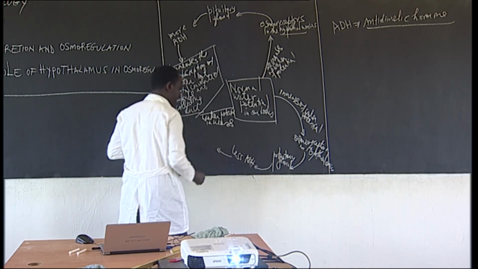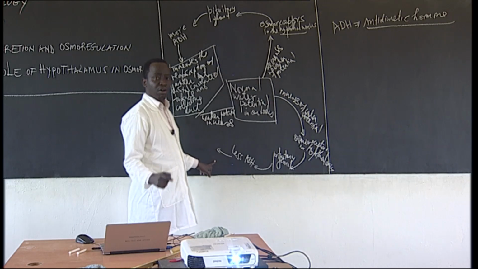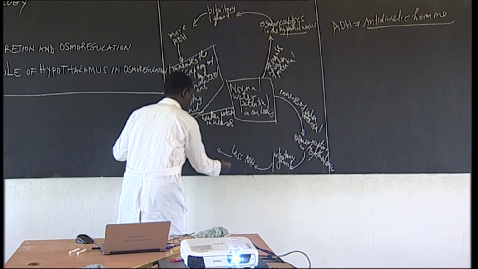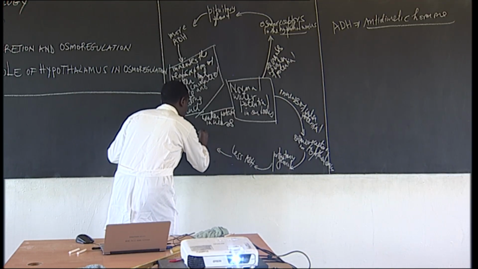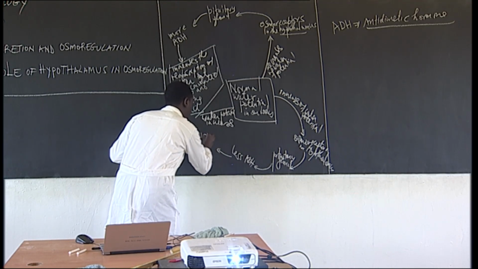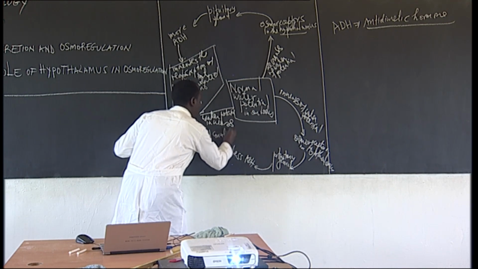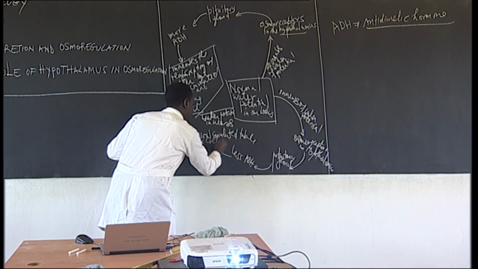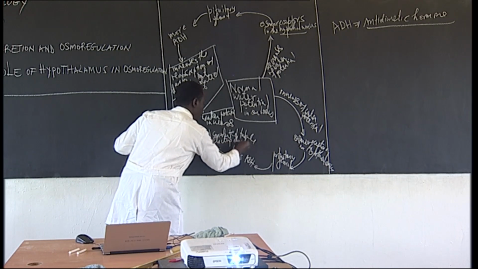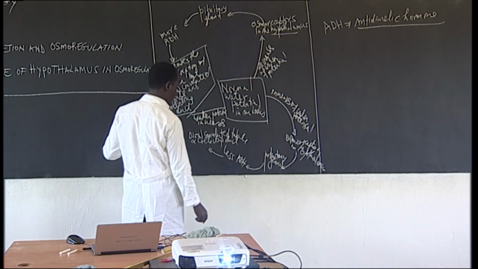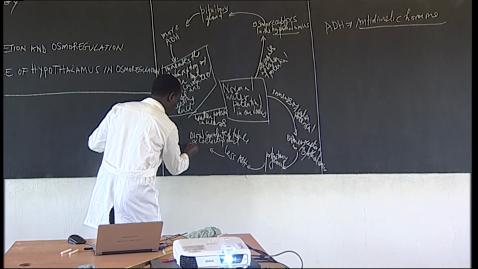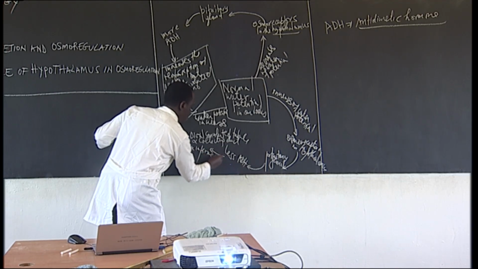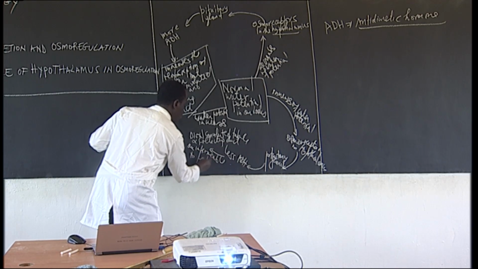You see? Now it is less ADH. When there is production of this less ADH, now less water is going to be reabsorbed. This distal convoluted tubule and the collecting duct becomes impermeable to water, which means water will not pass.